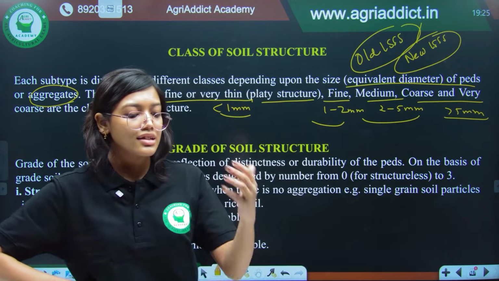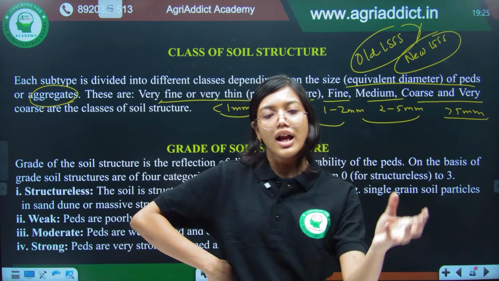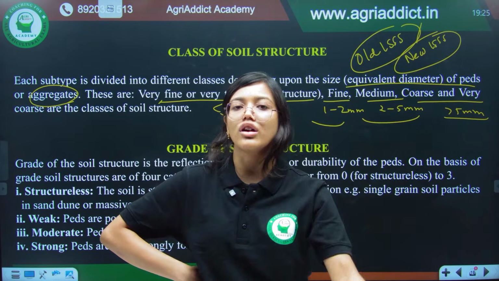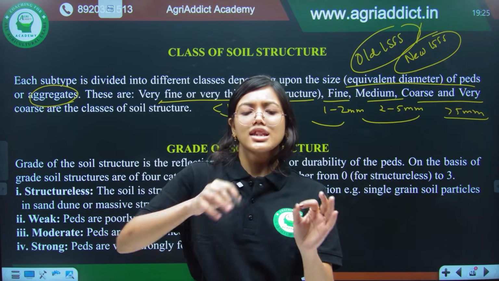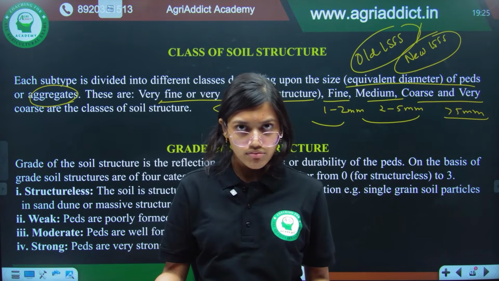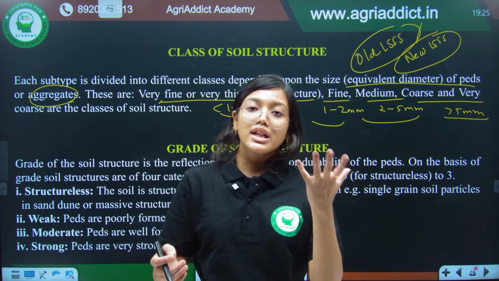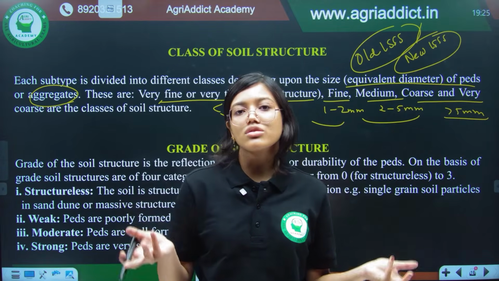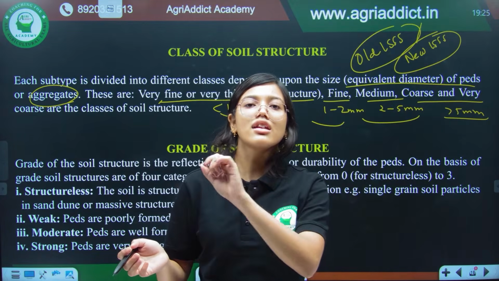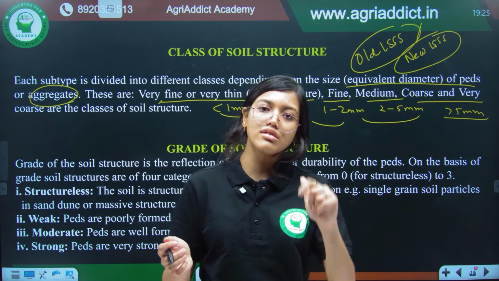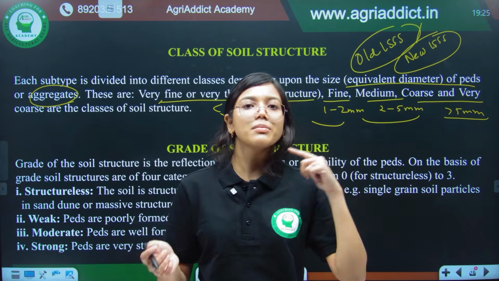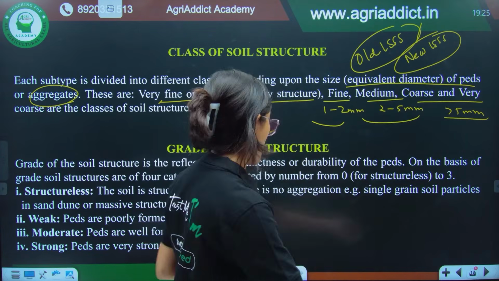So what is structureless soil? Suppose you are taking a lump of soil and allowing it to fall under gravity, and you see that whenever the beds are broken, the individual or isolated particles you can find there. That means they are not in an aggregated position, or it might happen that they are in a massive form.